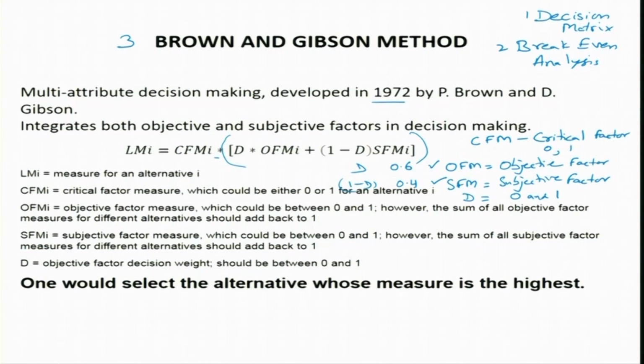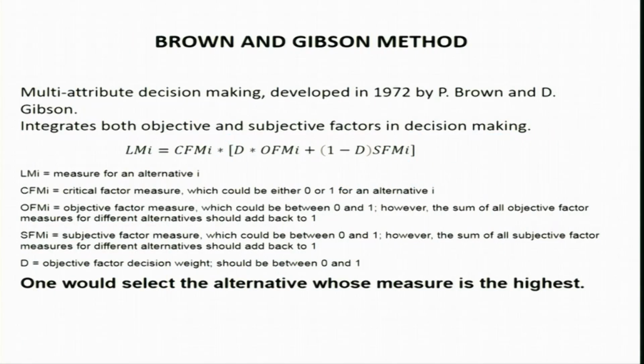So, this whole thing is written here. Let us understand this also. LMi is the location measure of alternative i. Here again we have some alternatives which we want to evaluate. Then the critical factor measure, which could be either 0 or 1 for an alternative i. OFM is the objective factor measure which could be between 0 and 1.